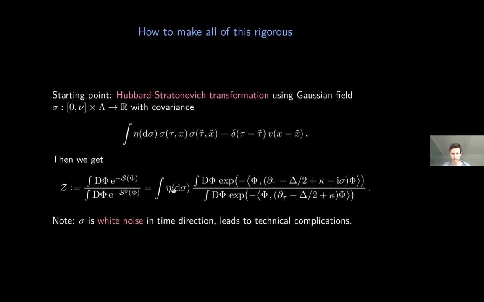You can pull it out because this field sigma only appears in the numerator, so the denominator is what it is, and we just get this. So you get this quotient of two integrals, and now they are, at least formally, Gaussian integrals. You get a quotient of two Gaussian integrals, and then you have to integrate over this field.